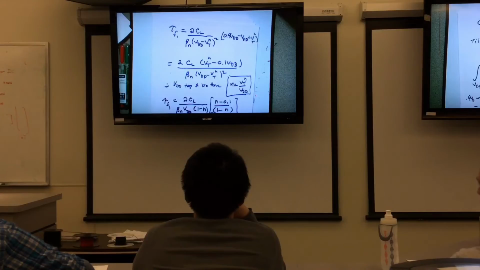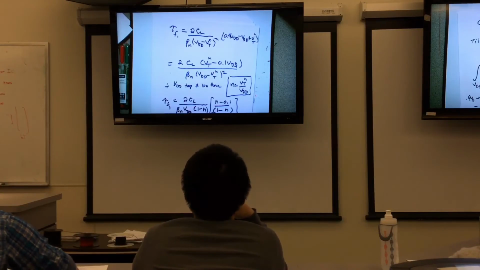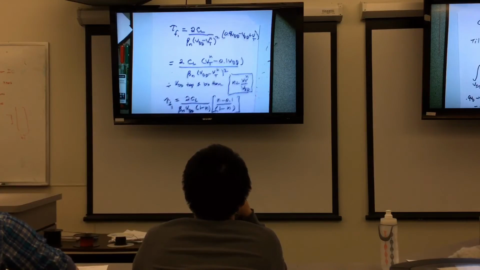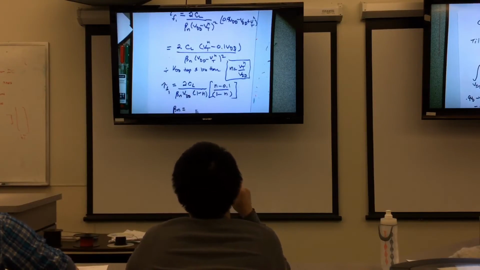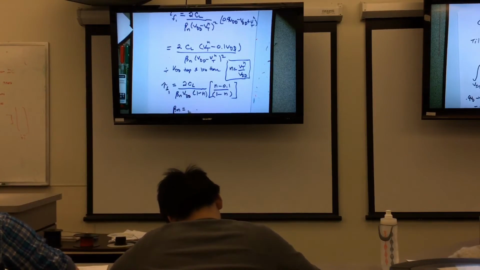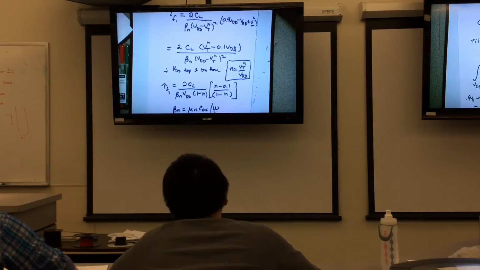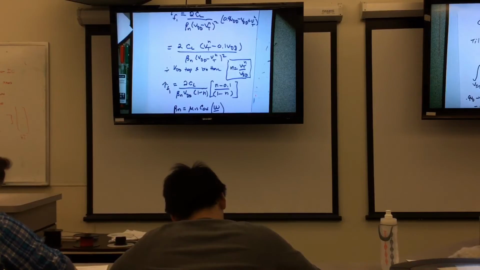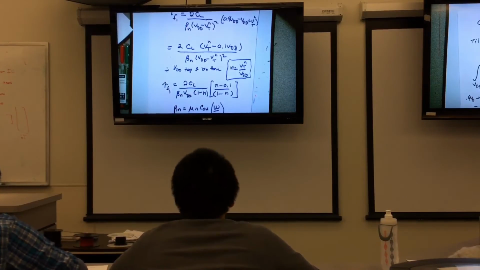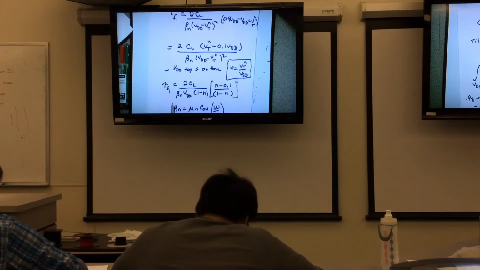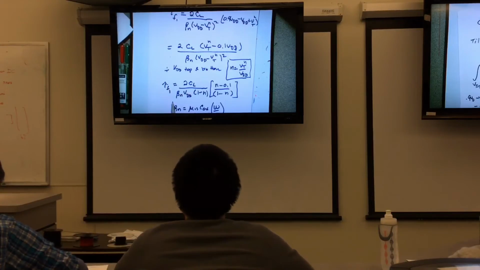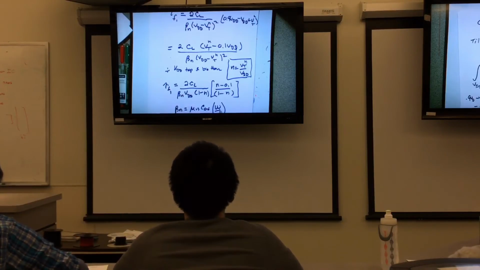What else can we observe? It's divided by beta n. Okay, what is beta n? Remember the formulas that we read earlier in class, which is mu n Cox times width over length in the n-type device. So if we would like to speed things up and make things go faster, we should try to make the width bigger than the length.